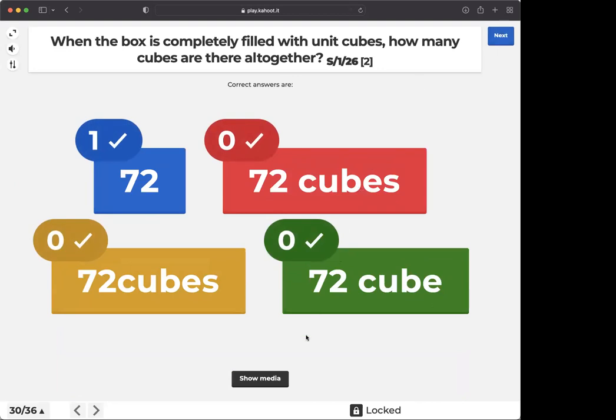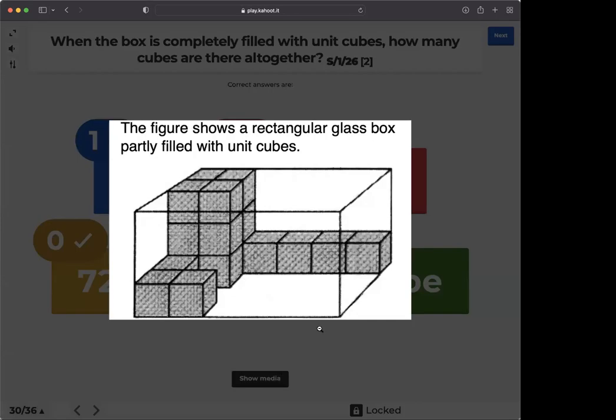Okay, can you type out what's the answer? Sorry, can you type out the answer you all submitted? How many of you put 19? The question says, how many cubes are there altogether when completely filled? Basically the number will be length times breadth times height.